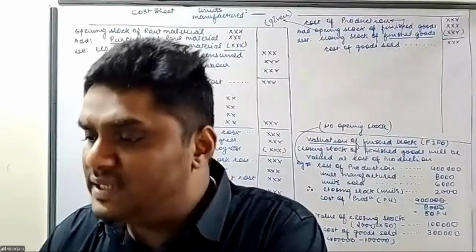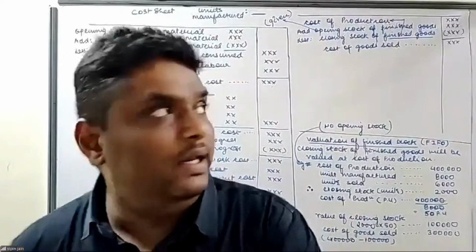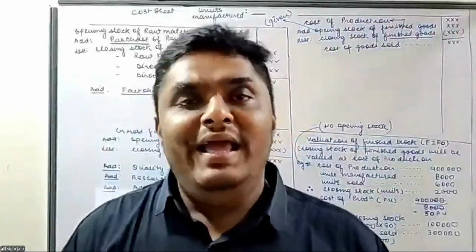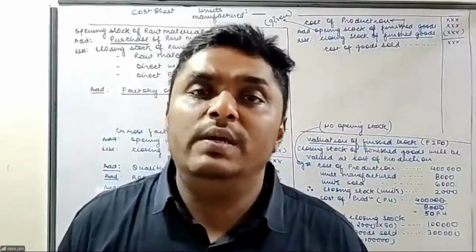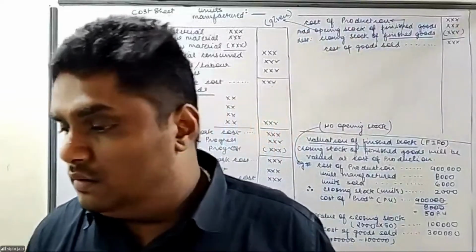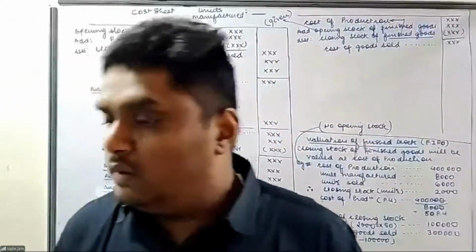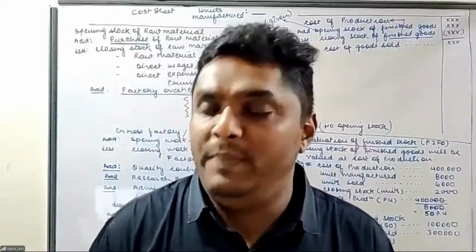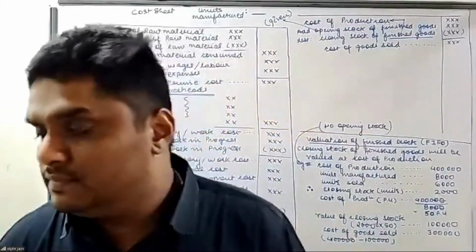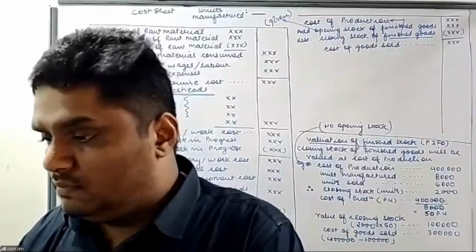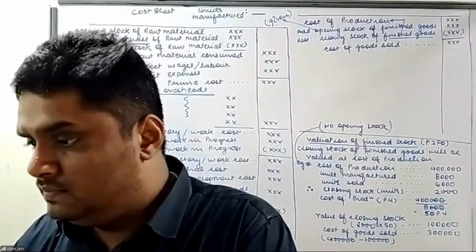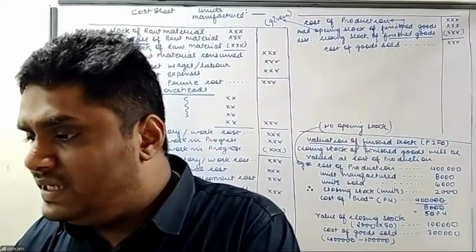Yes, Hardik, I'm saying this only, that opening stock of finished goods will be added and closing stock of finished goods will be deducted. No, Nitish, we have to always use the FIFO method only. Don't try to complicate the things. Hardik, hopefully your query is resolved.